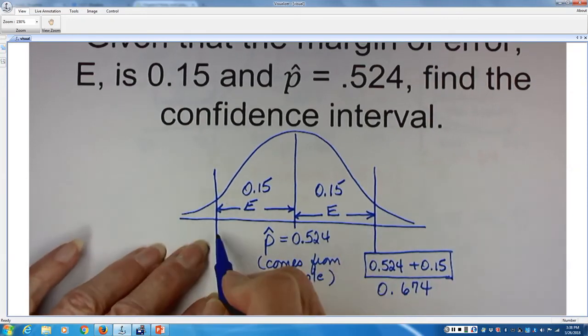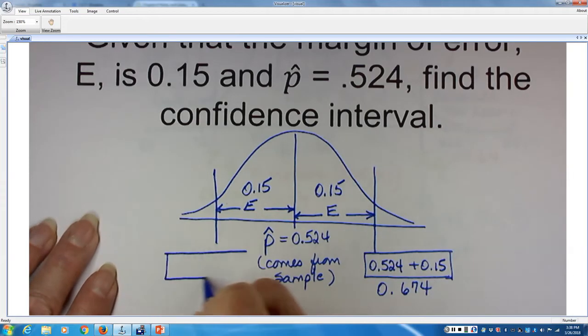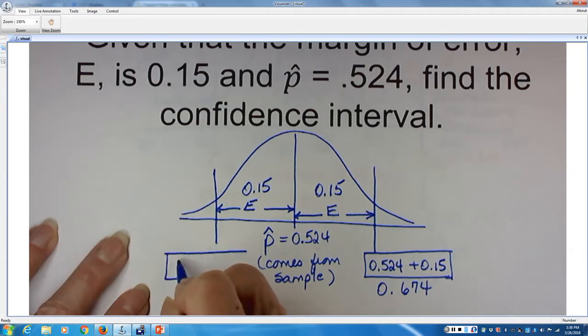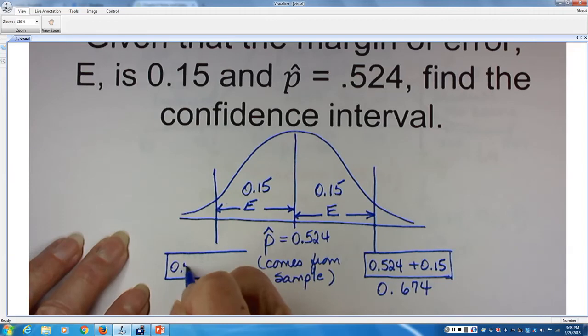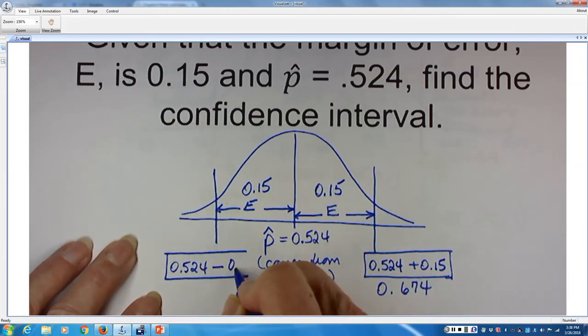And then in order to get this number, we're going to take our 0.524 and subtract from it the 0.15 because we're going below it.